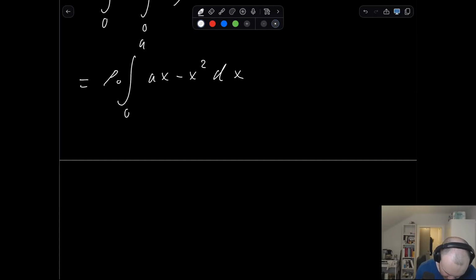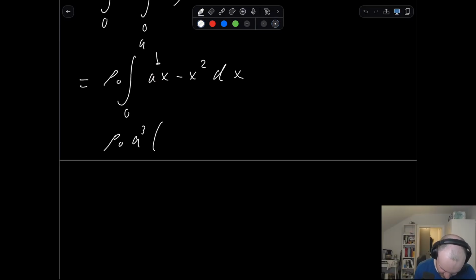I get just rho in front. Remember, I have to put a here. This will get a, this will get to second, so it will be a to the third of both. You can see this will be squared, and this will be, of course, a put in there, so a to the third, right? Because I had one a here earlier, right? Okay, so this is just a to the third is 0.